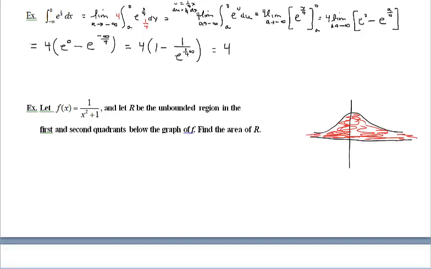So let's set up the integral that represents that area. So this is going to be negative infinity to infinity. This is that third and final example up there at the top of this page. Okay, so let's write it proper. First of all, using properties of integrals, we're going to go from negative infinity to some c value. Well, I think I'm going to choose my c value to be 0.